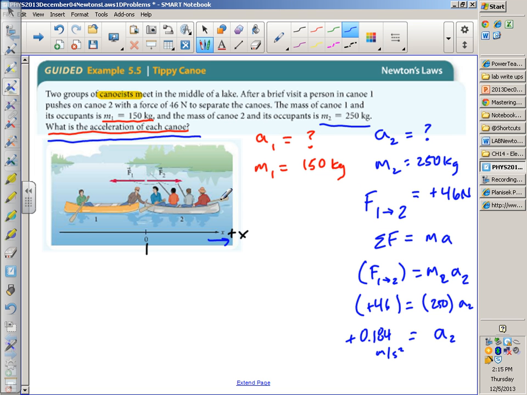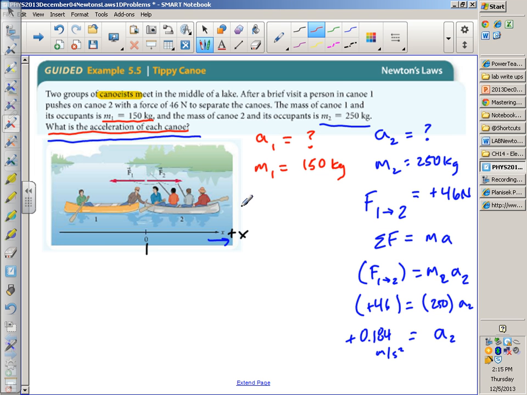Do we have enough information to find the acceleration of canoe 1 yet? Well, yes, but not quite directly, right? In order to find acceleration, we need to know mass and we need to know net force. But do we know anything about the forces on canoe 1? Okay, kind of. Newton's third law tells you that if canoe 1 applies a force on canoe 2, automatically there is an equal and opposite reaction: canoe 2 pushes back on canoe 1.